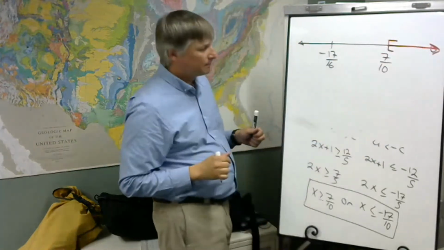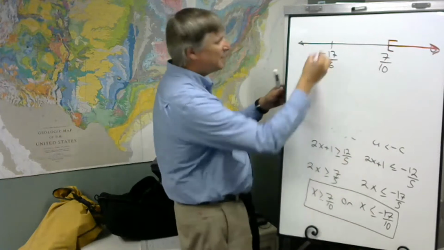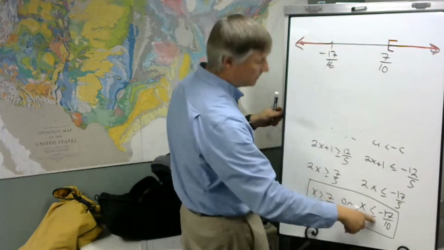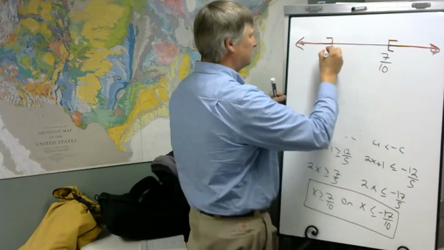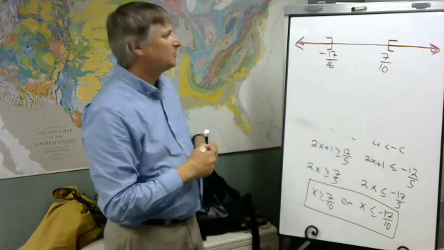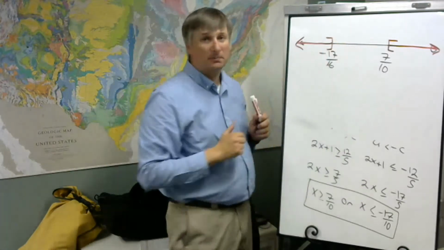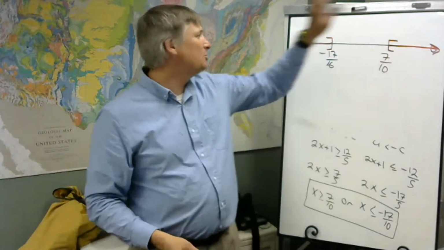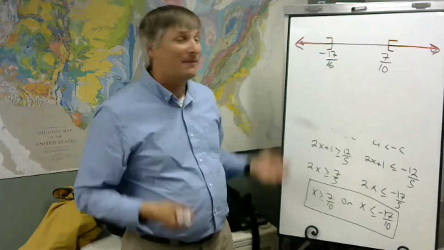We have an equal to. And we want numbers less than negative 17/10, and we're going to include them. And so this becomes your answer. So we're not looking for overlap. It's this set union with that set. And that's it.